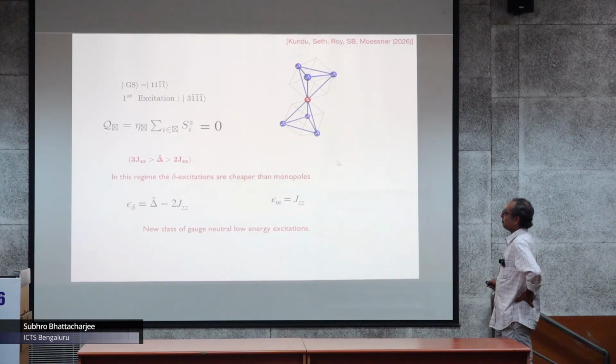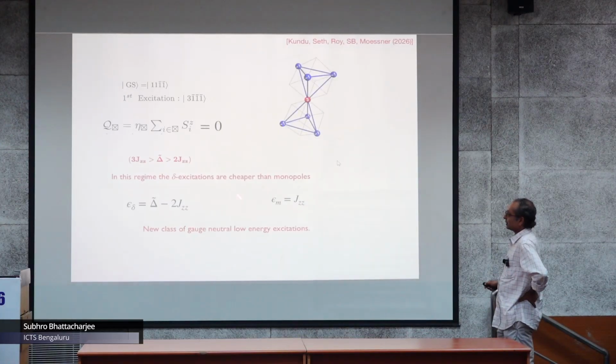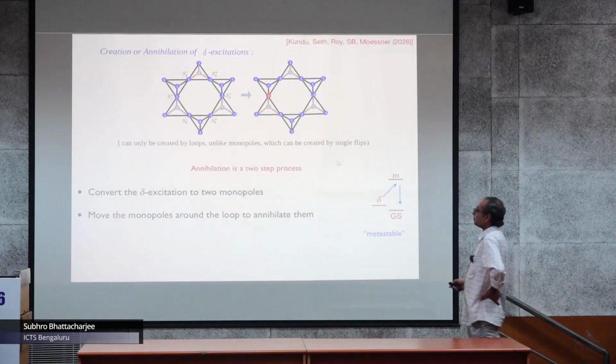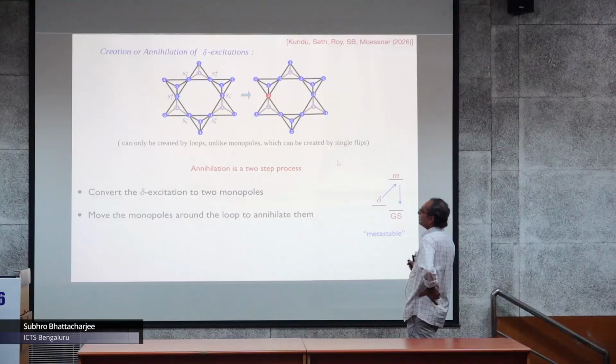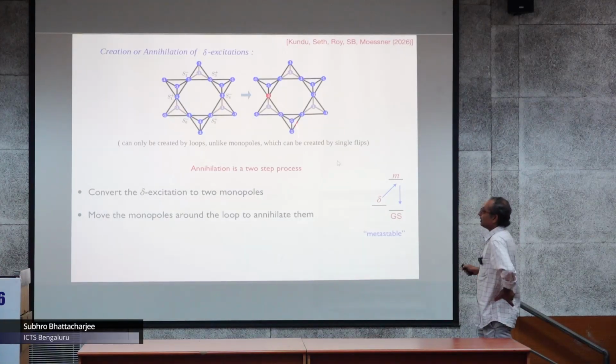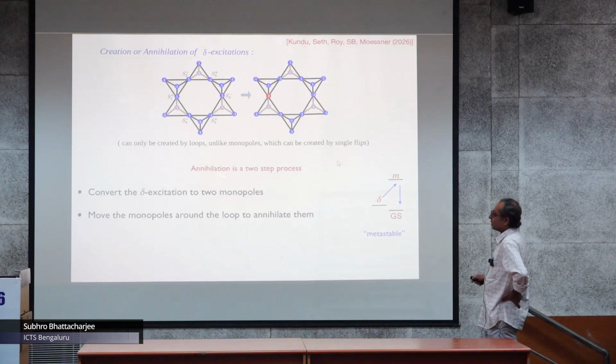So these excitations being additional excitations to the magnetic monopoles, let's ask what the consequences are. The first thing one must realize is that if you create these excitations, which I'll call delta excitations, there is no way to get rid of them without creating a monopole.